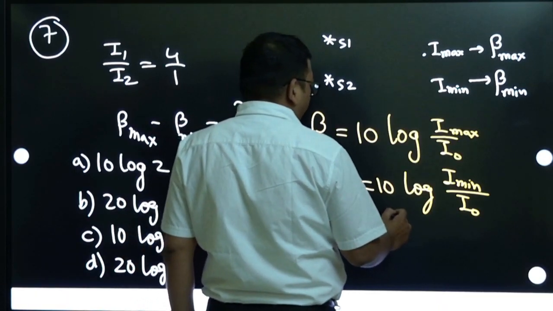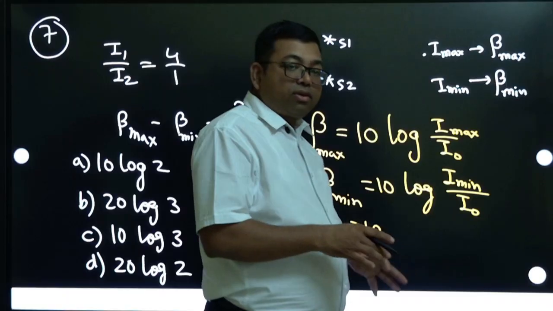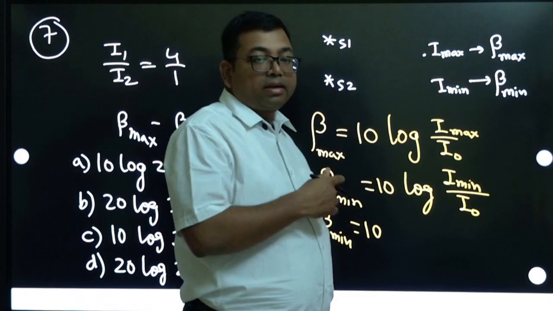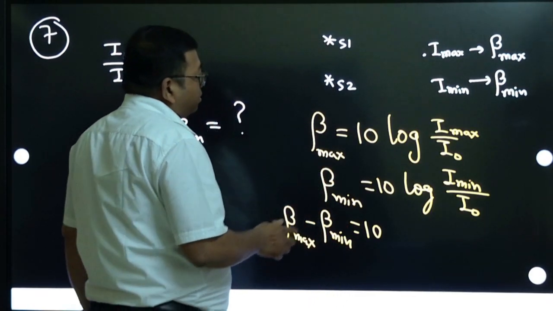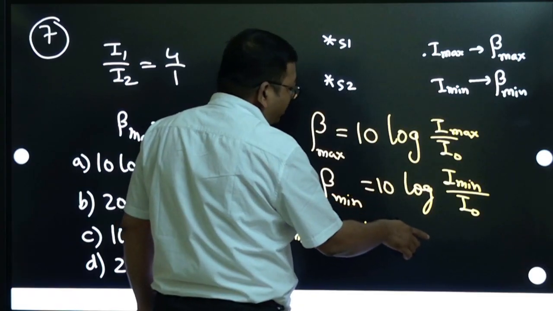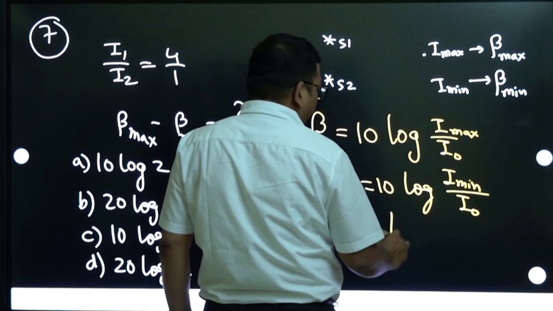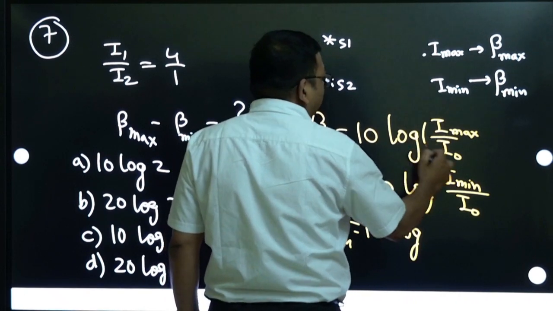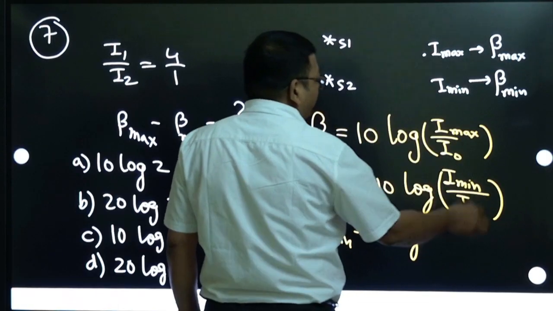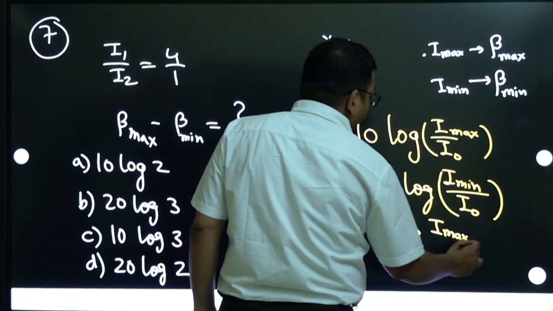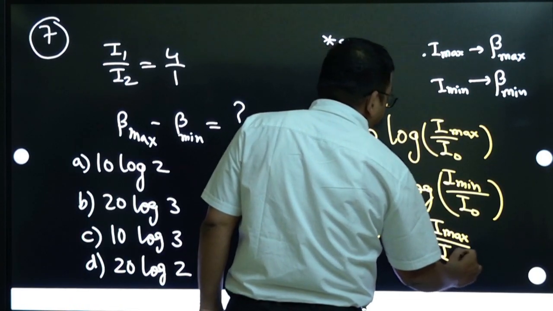And you know log A minus log B is log A divided by B, right? So when you divide, log will remain, this factor will get divided, and I naught will get cancelled, it will be I max by I minimum.